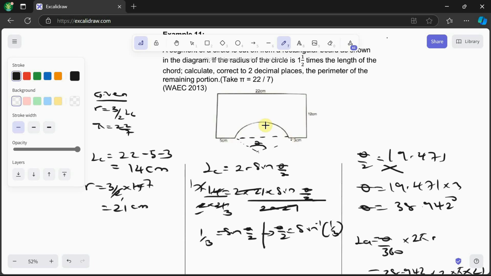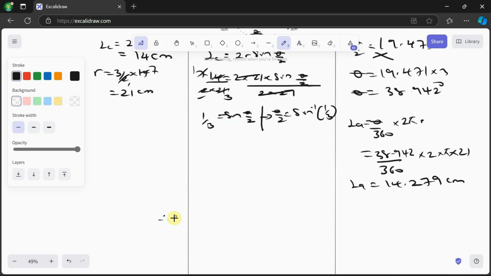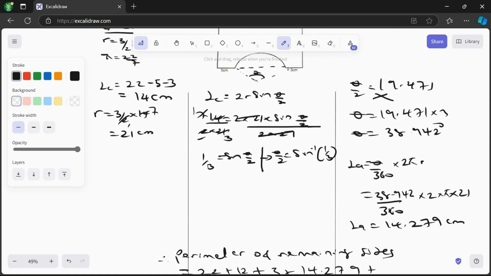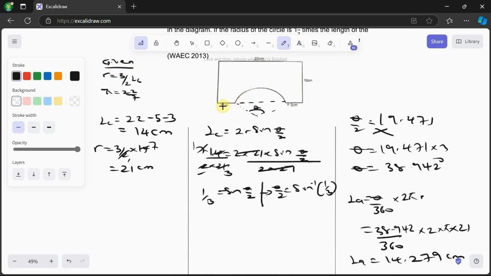So if I want to find the perimeter of the entire shape, that will be easy to do. That will be 22 plus 12 plus 3 plus the value of my length of arc plus 5 and then plus 12, because this is a rectangle. The length of this side is also the length of this side. Therefore, perimeter of the remaining sides is equal to 22 plus 12 plus 3 plus length of arc, which is 14.279, plus 5 then plus 12.